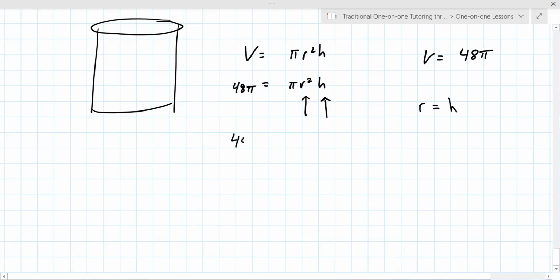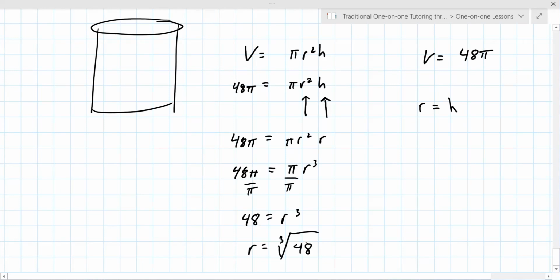So then if you had 48 pi r squared, well, h is really r, so there's another r here. So 48 pi equals pi r cubed. You can divide both sides by pi, and 48 equals r cubed. So r equals the cube root of 48. All right, so that's one possible variation on it.